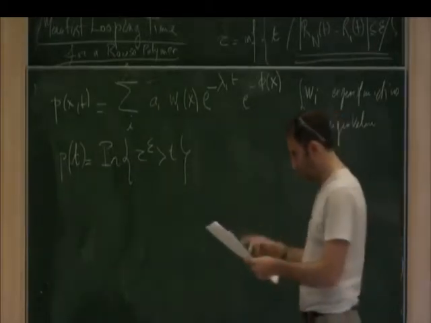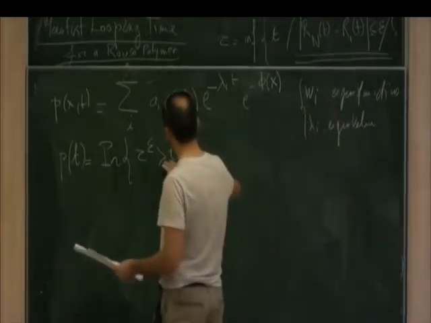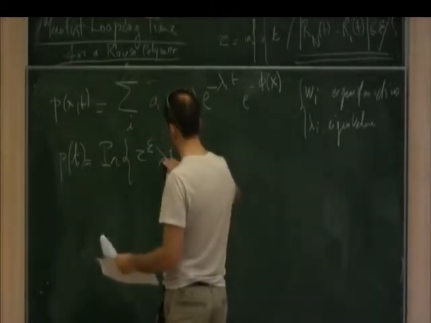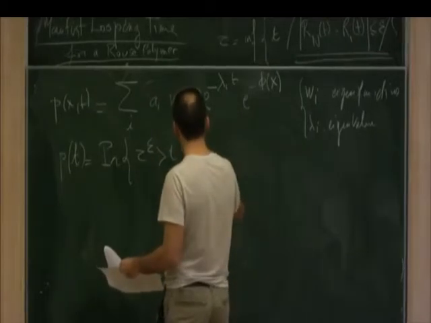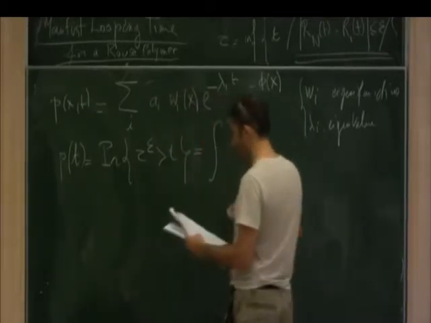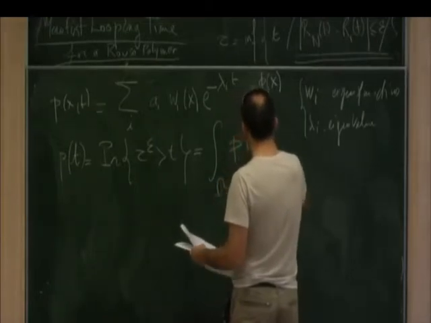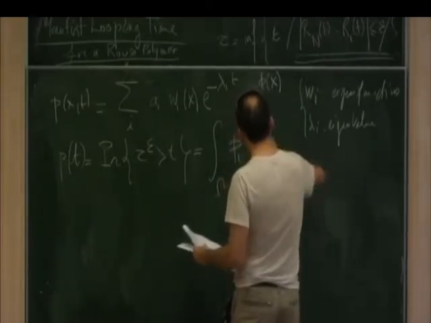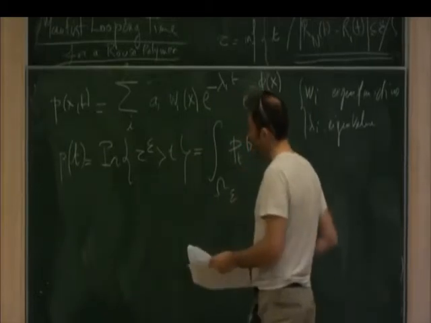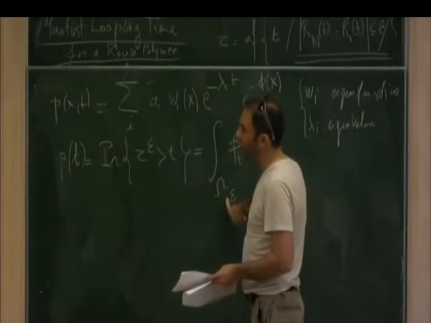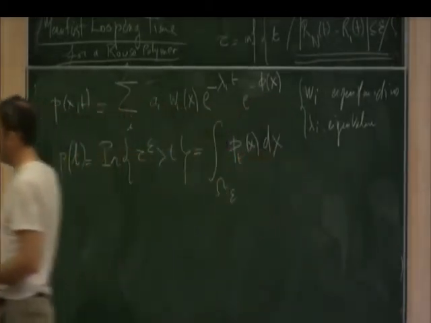Yeah, I don't know, it's not written. So let's think. This is a probability that you're still in the domain at time t. So this is integration over omega epsilon of the probability distribution function p_x(t) dx.